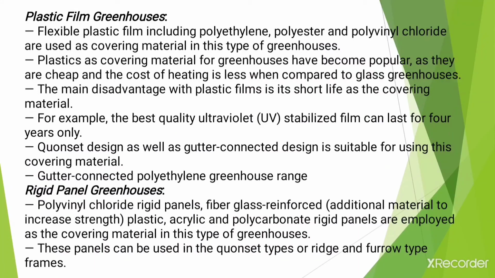The next subtype is the plastic film greenhouse. Flexible plastic films including polyethylene, polyester and polyvinyl chloride are used as the covering material in this type of greenhouse. Plastics as a covering material have become popular as they are cheap and the cost of heating is less compared to glass greenhouses.